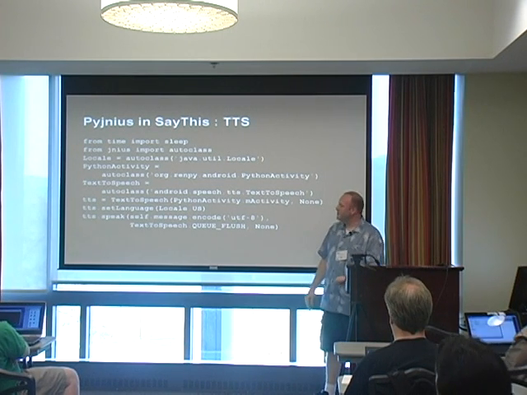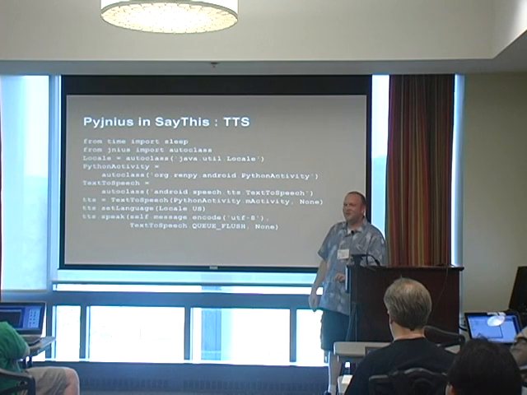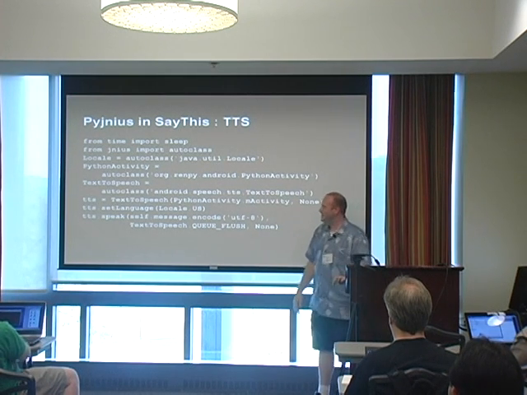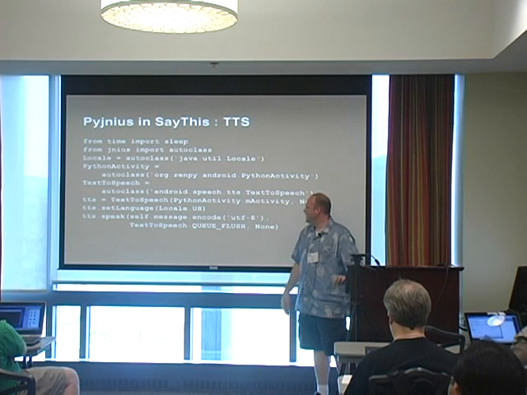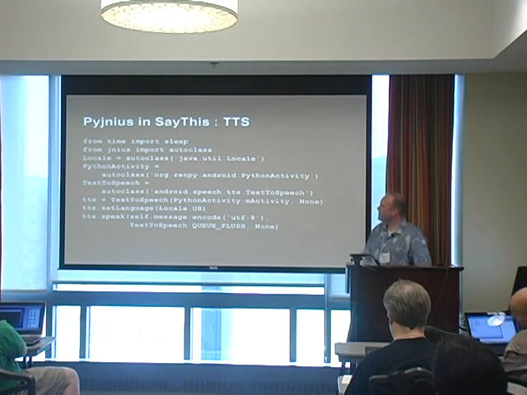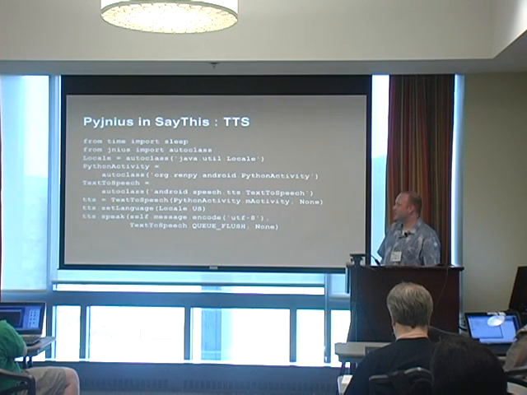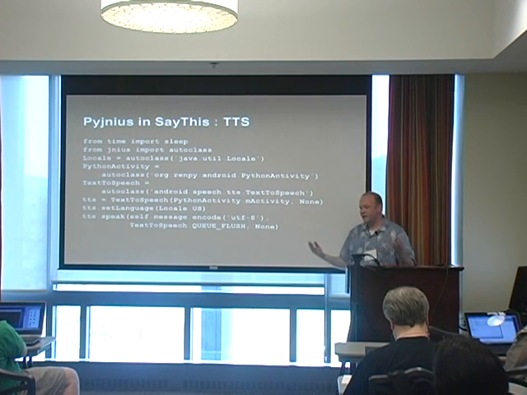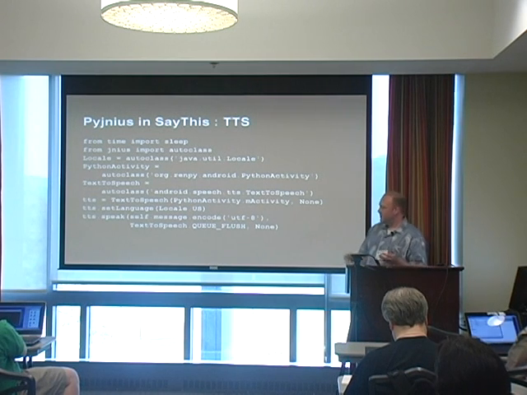Otherwise, you get strange errors. Even without the weird characters, sometimes you get the strange errors. And then we flush it. That's how you call the TTS speak. So if you looked at the Android docs again and asked how do I do a text-to-speech, it's .speak with all this stuff.